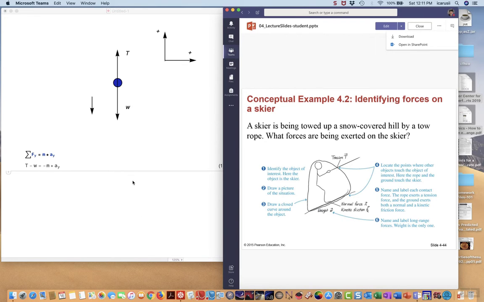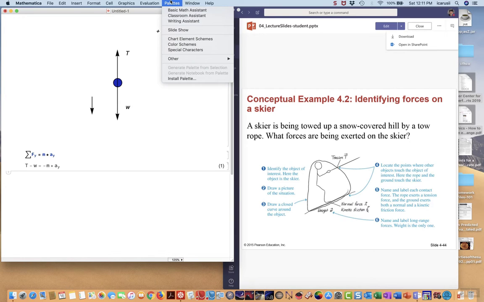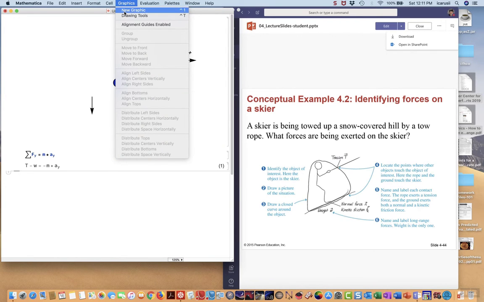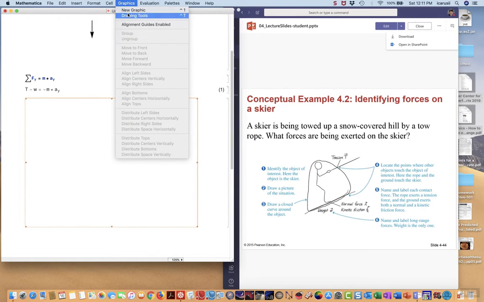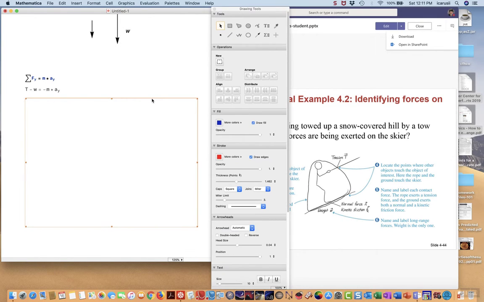So I'm going to again insert another graphic into my sheet, and let us do the diagram for this person. And so I'm again going to represent the skier as a dot. I'm not going to mess around with trying to draw the skier as an extended body. So here's my skier. And I'm again going to put a coordinate system on my diagram.